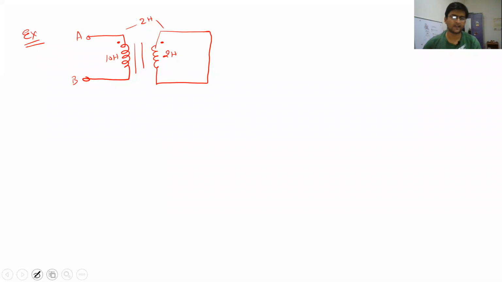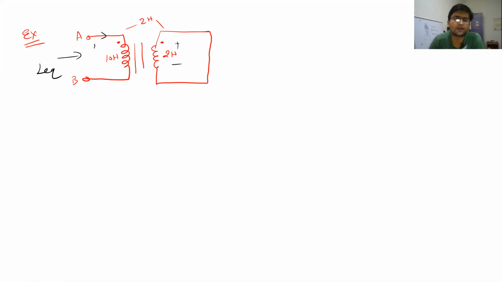So in today's last example, we have the circuit and we have to calculate the equivalent inductance value if we see from the terminals A and B, and you can see that on the secondary side the circuit is short circuited. So whenever you apply an excitation from A and B, a flux is being caused, and because of this flux, there will be a voltage generated like this, and there will be a current created.